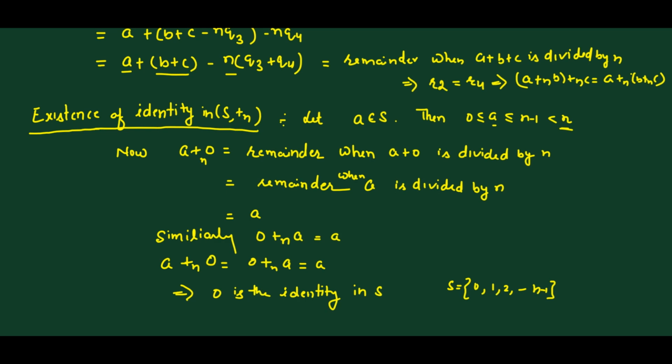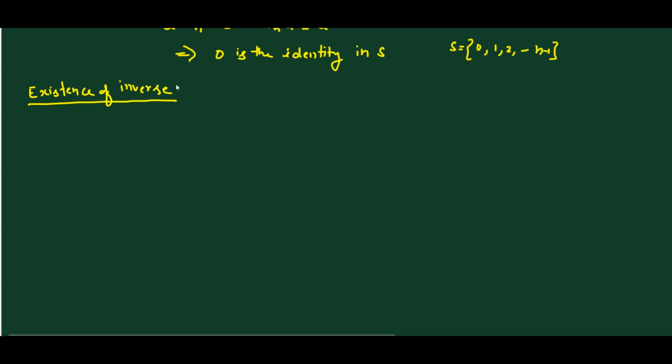Okay, now we will show that this is a group with respect to this operation, and we will emphasize that every element in S is invertible. So this is our next task, that we have to show that every element of S is invertible with respect to this operation. So again, choose an arbitrary element of S. Then we have two possibilities.